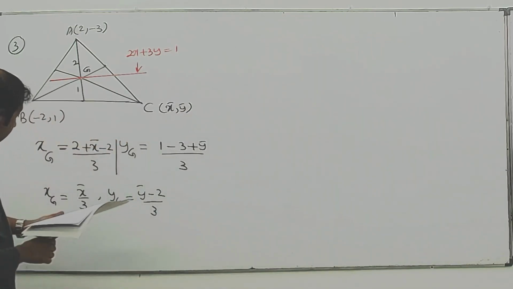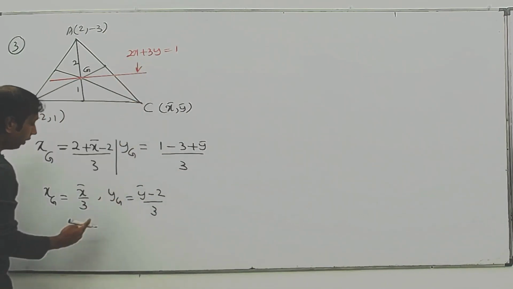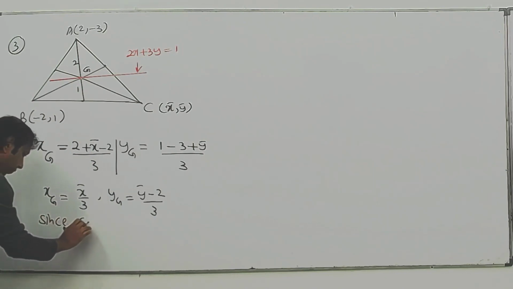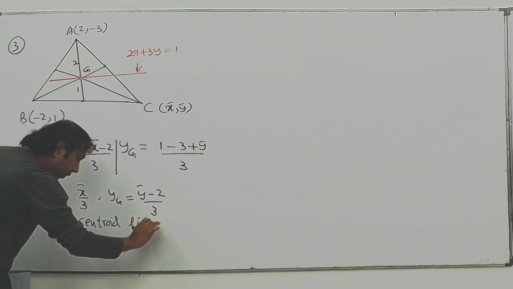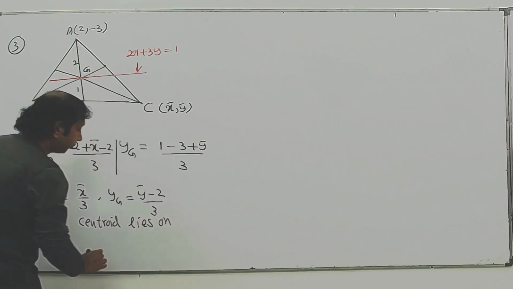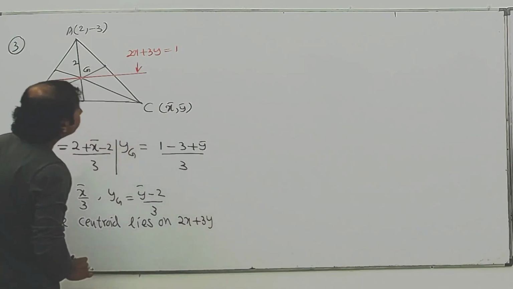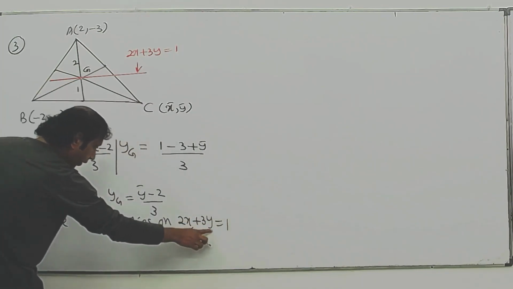Then what do we get there? Xg, yg we have to put here and here. You can write: since the centroid lies on 2x + 3y = 1, put the x coordinate of the centroid here, the y coordinate here, and simplify.